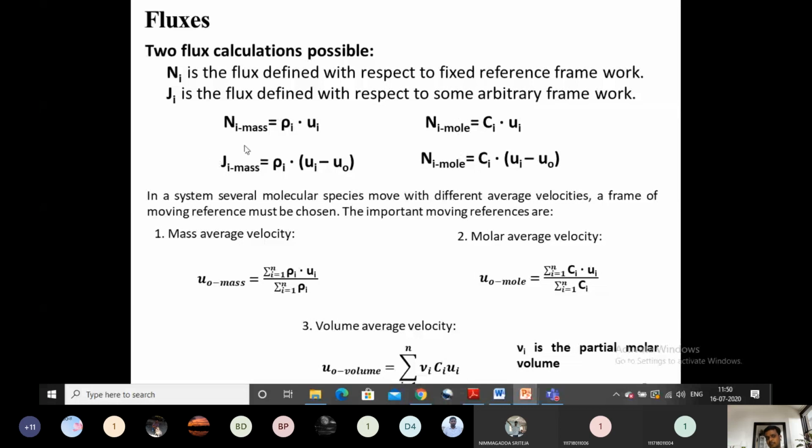Similarly, in the case of Ji, which is the flux with respect to some arbitrary coordinate system, we additionally have some average velocity term u naught. This is not there in the Ni case because u naught is 0; it is a stationary coordinate system, whereas here u naught will be there.